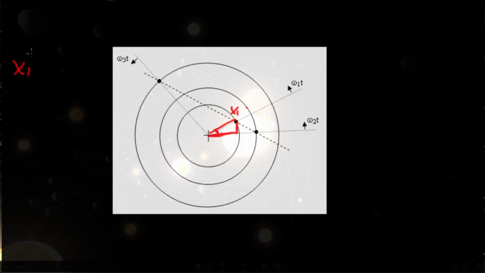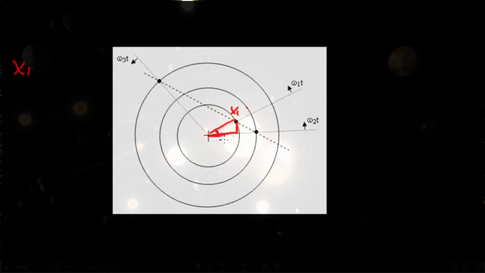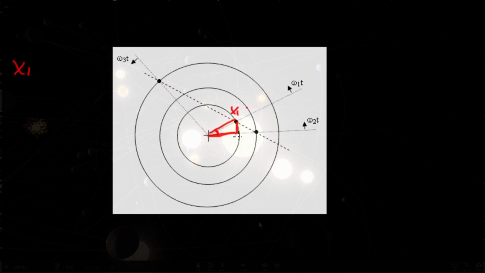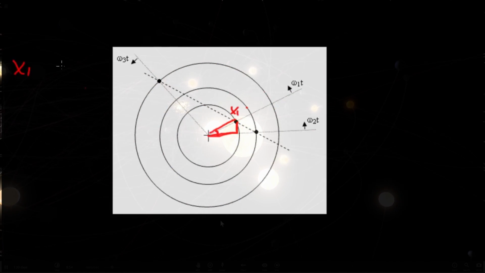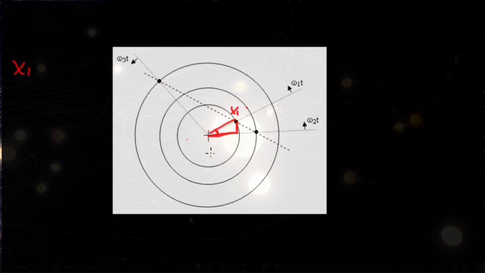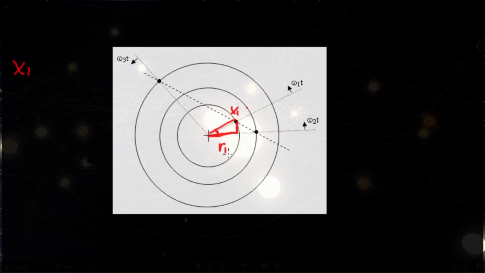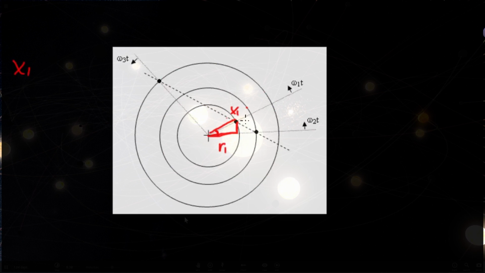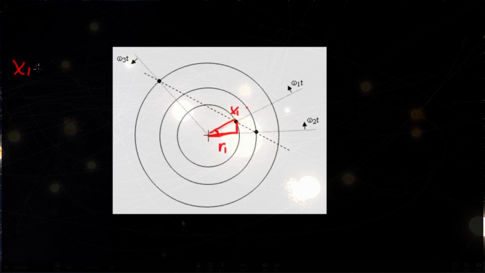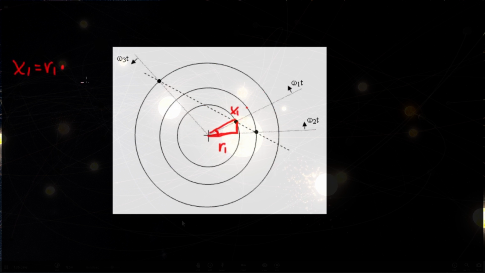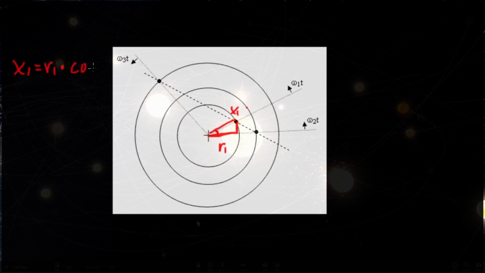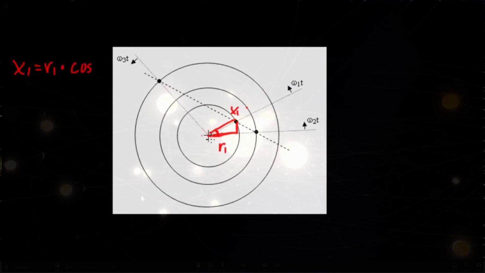So in other words, we can rewrite this. Let's just say this is the radius of the orbit of this particular planet, and let's call it r1. So this is r1, the distance from the sun. To find the value for point x, we can write this as r1 times cosine of this angle.